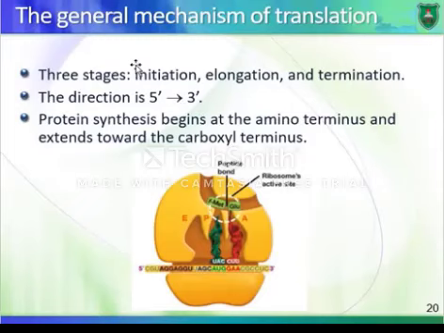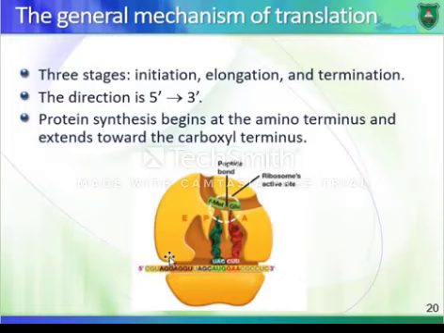Now, let's talk about the general mechanism of translation. The mechanism of translation contains three stages: the initiation, elongation, and termination stages. The direction of reading the messenger RNA is from 5' to 3'.